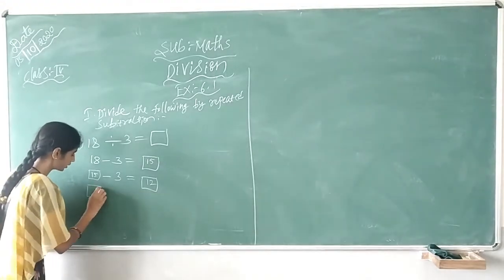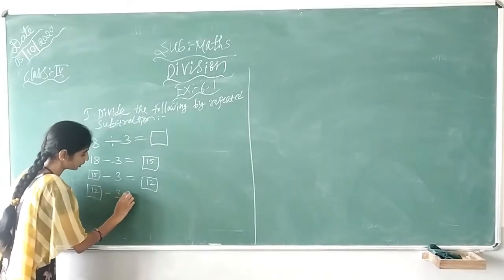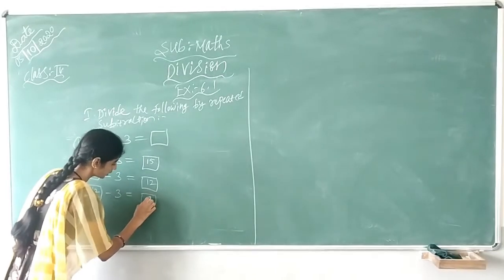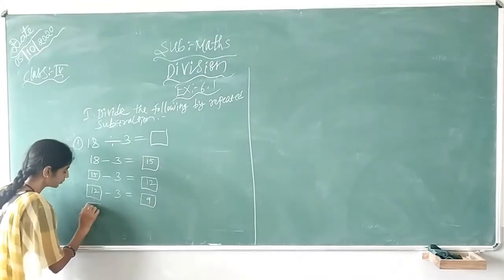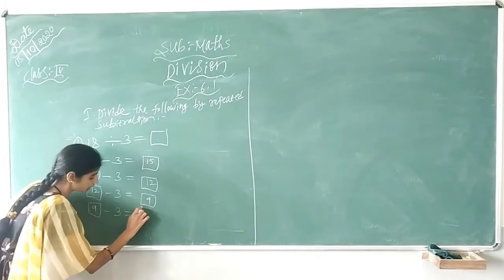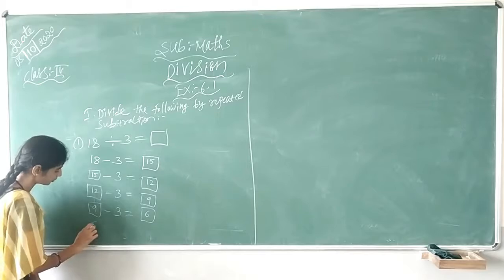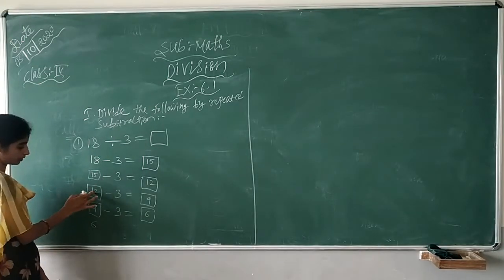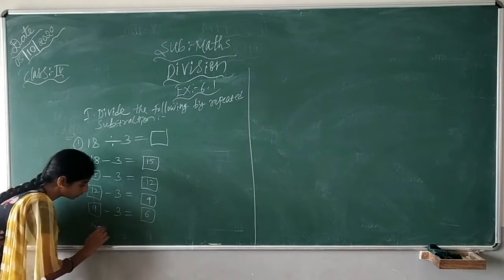Again the third day, how many books are with you now? 12. Again you read 3 books, so you minus again. 12 minus 3, you get 9. Again the fourth day, 9 books you have, again you read 3 books, then you are left with 6. Again the fifth day, 6 books are left with you.